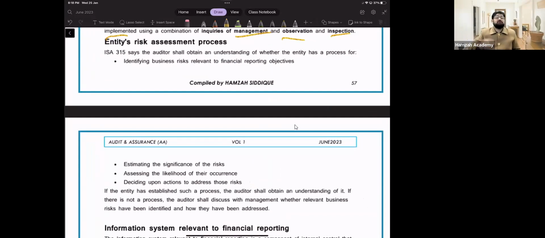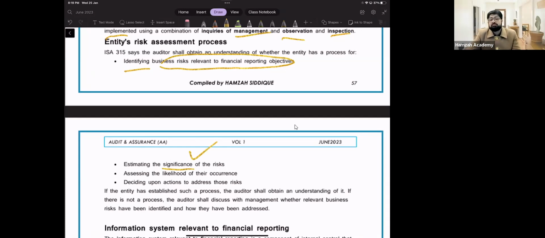Every good company, I am telling you, has a risk assessment process through which they do four things. One, they identify any new business risk arising to the financial reporting objectives. Any new risks arising. Second, evaluate the significance of the risk. How significant the risks are.